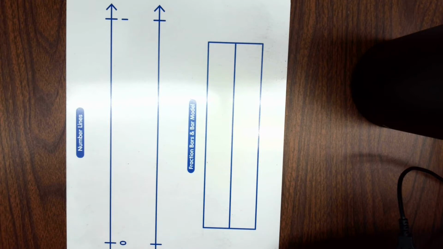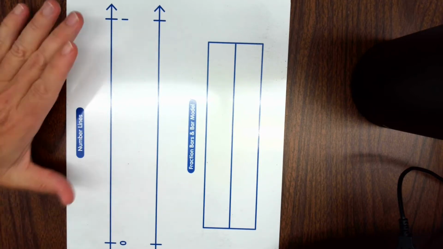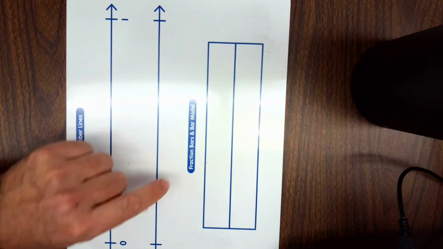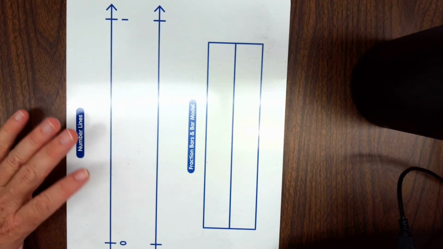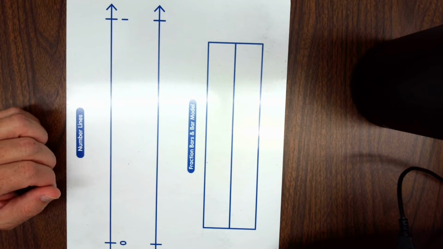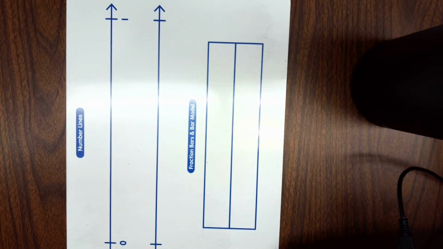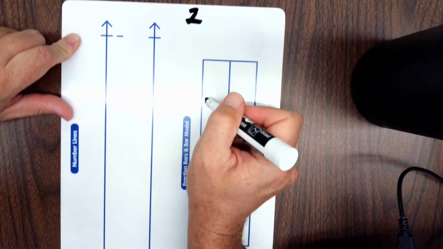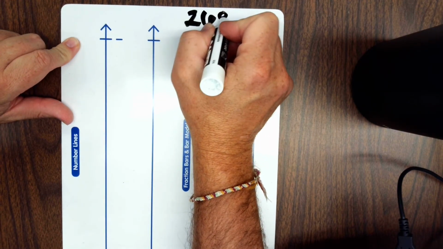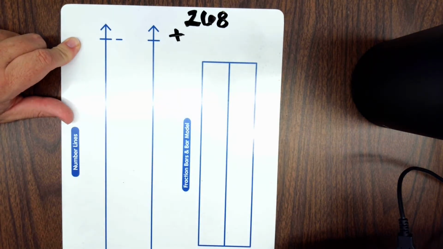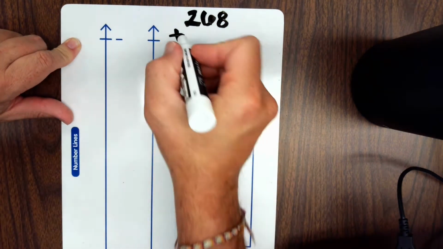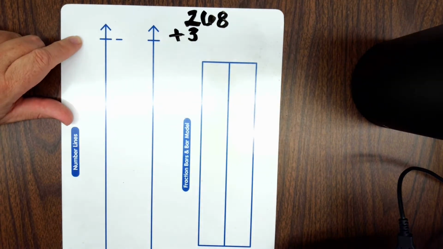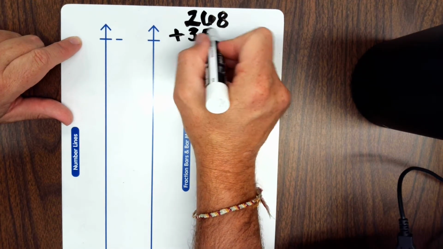Okay, for this addition problem, we're going to be using both of these number lines and the bar model. So even though I have this in a vertical orientation, the numbers still work. The problem that I am going to be estimating and then finding the estimated sum is 268 plus 351.